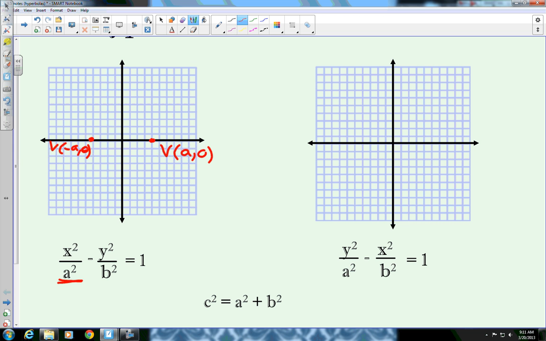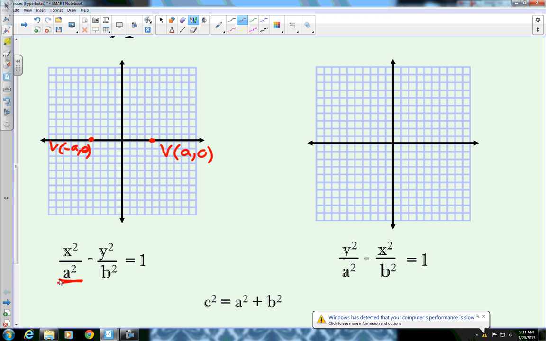Now, we have this b squared, and in our ellipse we called it the covertices. You'll see in just a minute that they aren't even actually part of the final graph. They give us the shape of the final graph, but they aren't part of it. So they don't even give these a name, but we'll refer to them as covertices just because it gives us some way to talk about it.